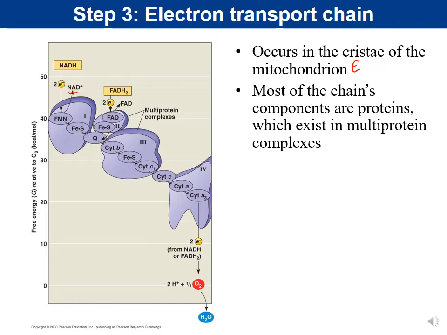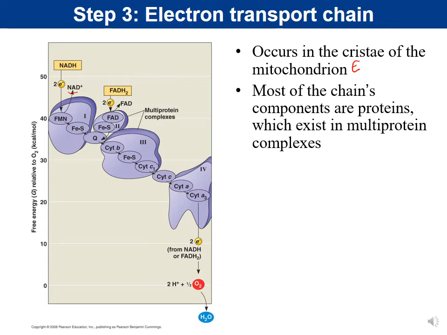So NADH donates electrons. So do we say that NADH became oxidized or reduced? It lost electrons, so it became oxidized, and the FMN became reduced. It gained the electrons. Now, that FMN is going to pass it to the FeS, the next carrier. So it's going to pass the electrons to the next carrier.